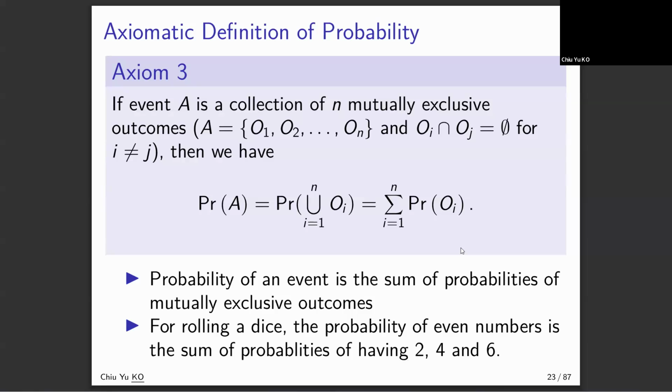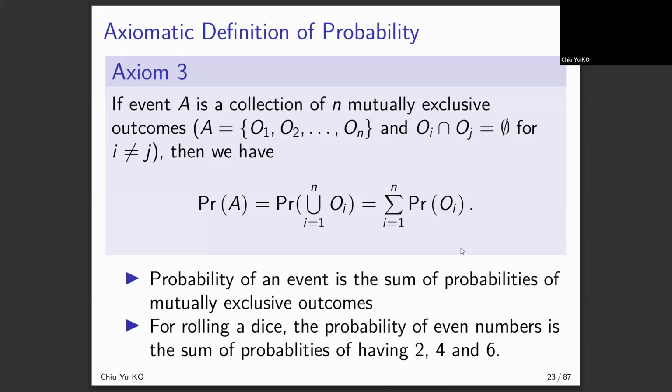So if we have an event that consists of mutually exclusive outcomes, like rolling a die, and the outcomes are 1, 2, 3, right? 1, 2 and 3 are mutually exclusive, and they have no overlap. The outcomes cannot be true at the same time.